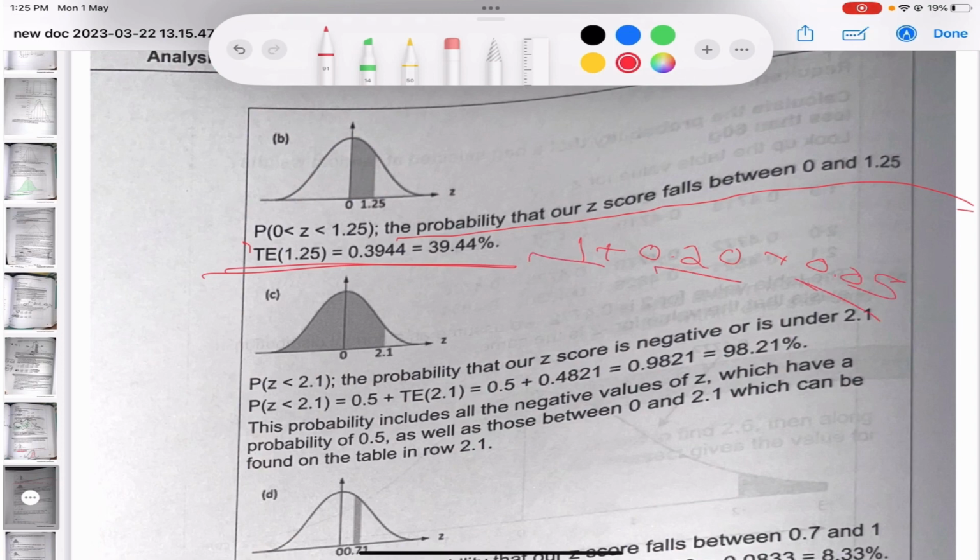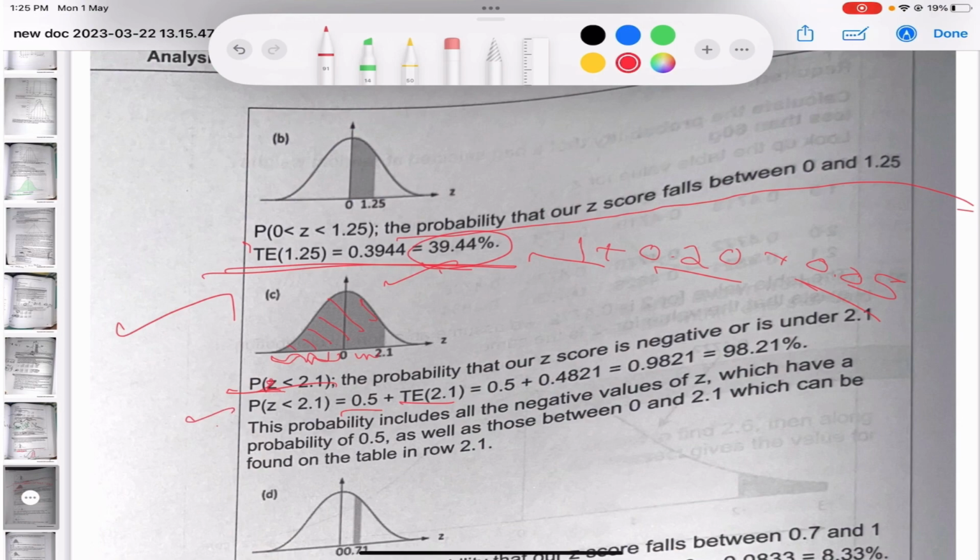So you are going to find 3 and add them. Now P(z is smaller than 2.1): anything which is smaller than 2.1 is basically 0.5 plus the table value for 2.1. Simple. Just do that.